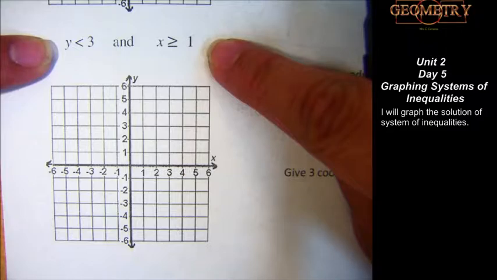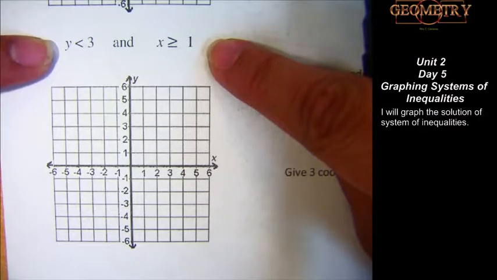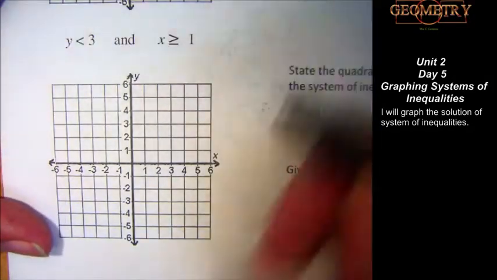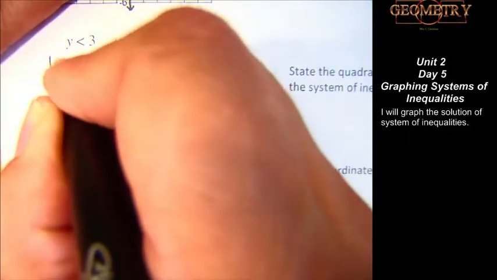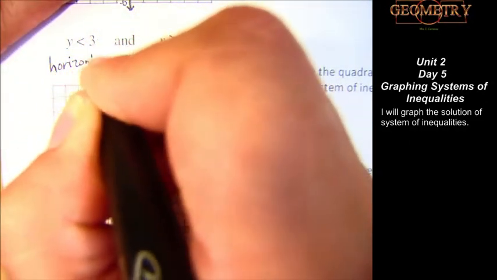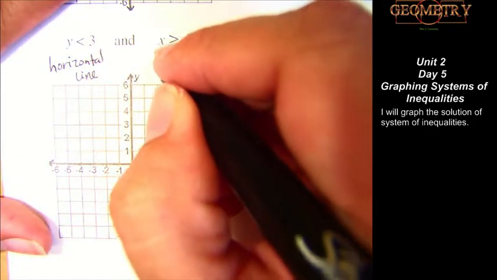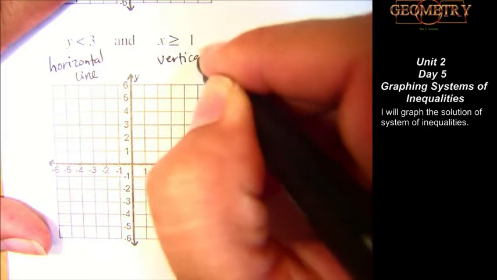Oh, because we're not adding or subtracting anything? Okay. Well, let's look at what these kinds of lines look like. A y equals kind of line is always going to be some sort of horizontal line. An x equals something is always going to be some sort of vertical line.